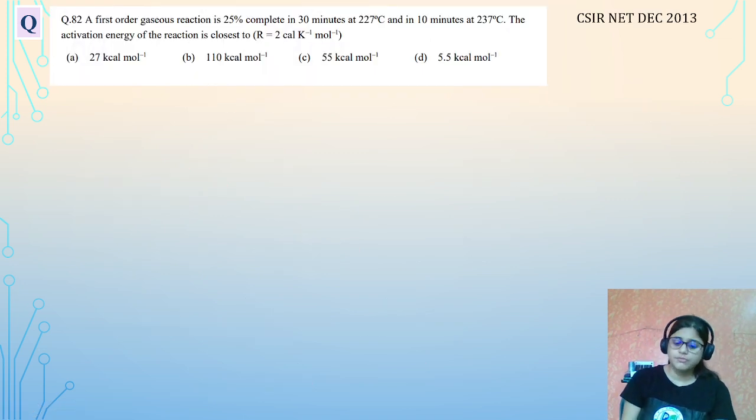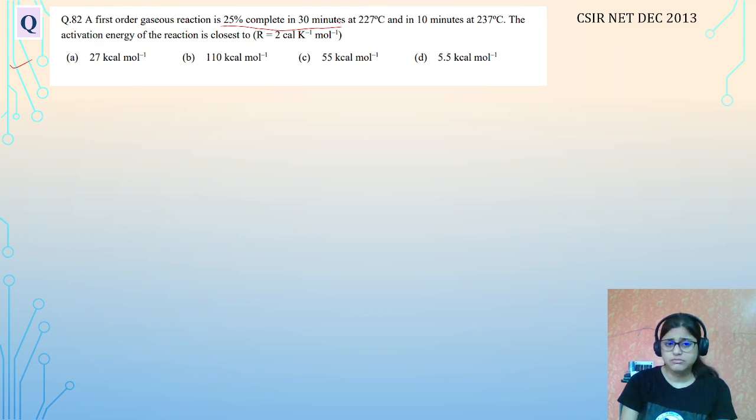Now next, pause the video, solve the previous question first, then come to this. Okay, so this is also a different type of question. I have incorporated various kinds of questions which are actually asked in the exam. So here you see the difference: the first order gaseous reaction is 25% complete in 30 minutes.